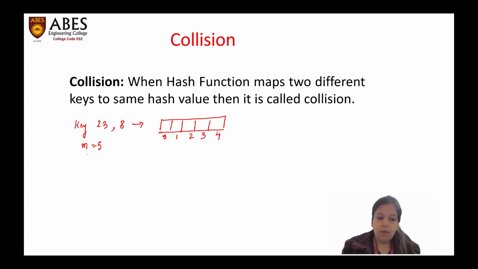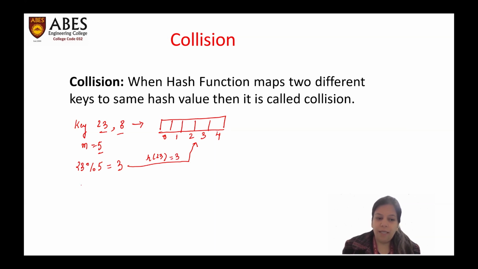And the slots will have index 0 to 4, right? So if we map these two keys with the help of the division method and the table size is 5, then for 23, we will divide it by 5 and find the remainder, which comes out to be 3. So for 23, this will be mapped at index 3, so H(23) will come out to be 3.